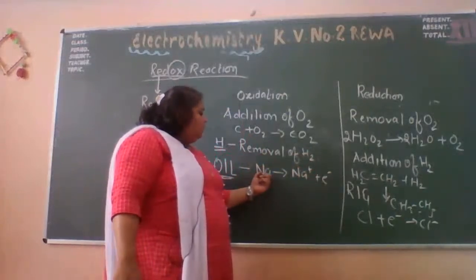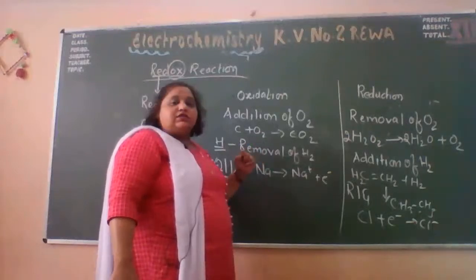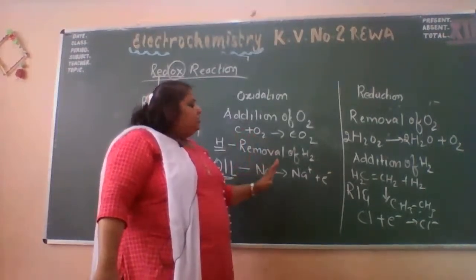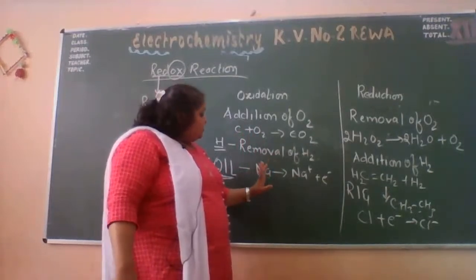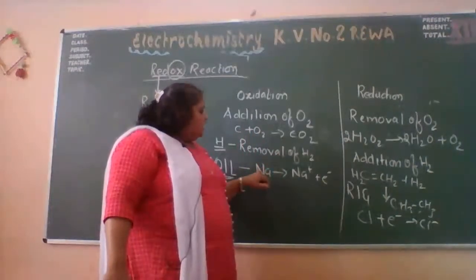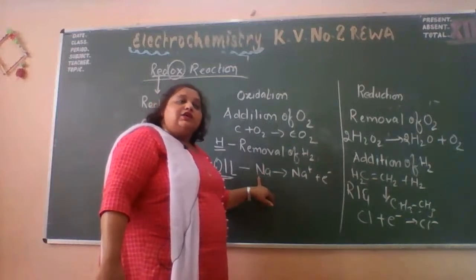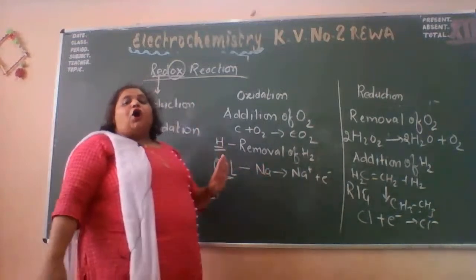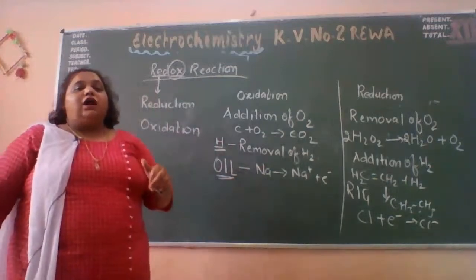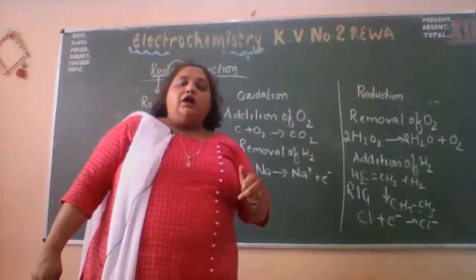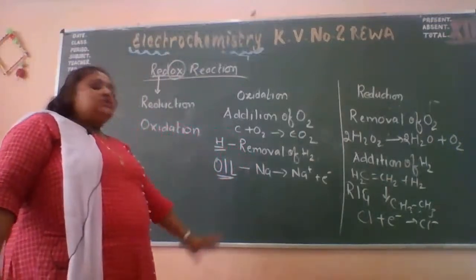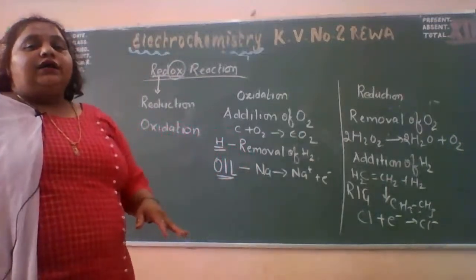Here the sodium is having 0 charge. It is in the element state and it is having the charge 0, so its oxidation state is 0. So the oxidation number or the oxidation state is the ultimate method by which you can come to know whether oxidation is taking place or the reduction.